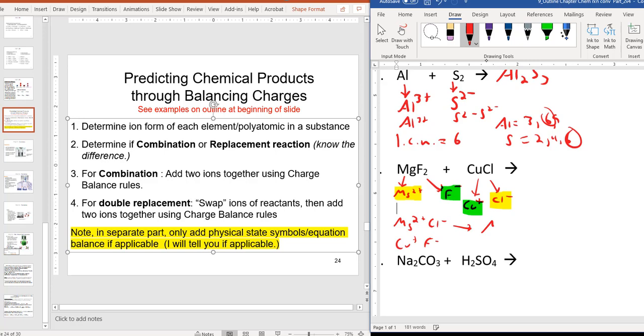And it's going to be magnesium chloride, MgCl2, and copper fluoride. So then we go ahead and arrange it up here. And it doesn't matter which ionic formula you write first. So it'd be magnesium chloride here, for example, copper fluoride for the other one.